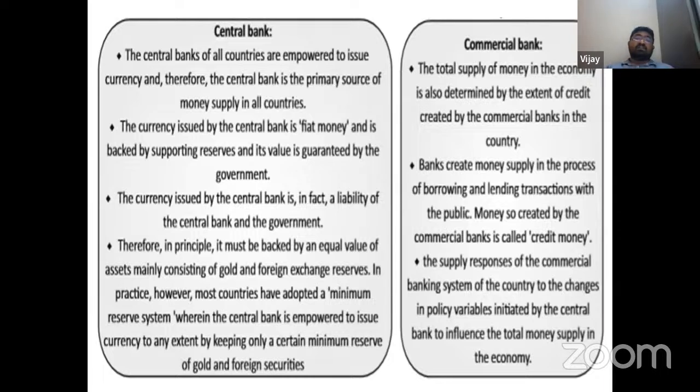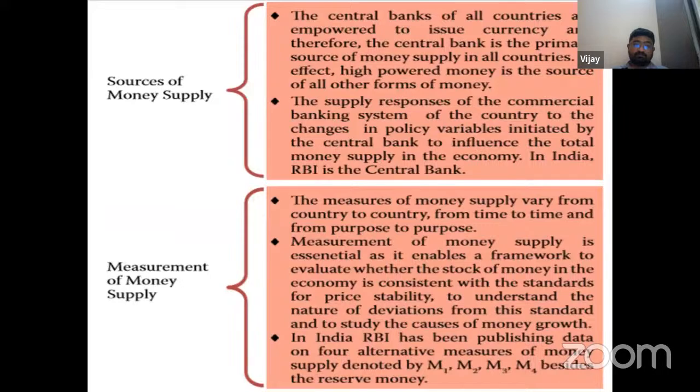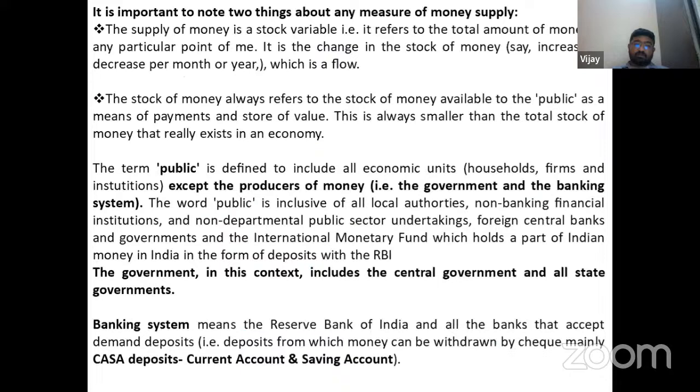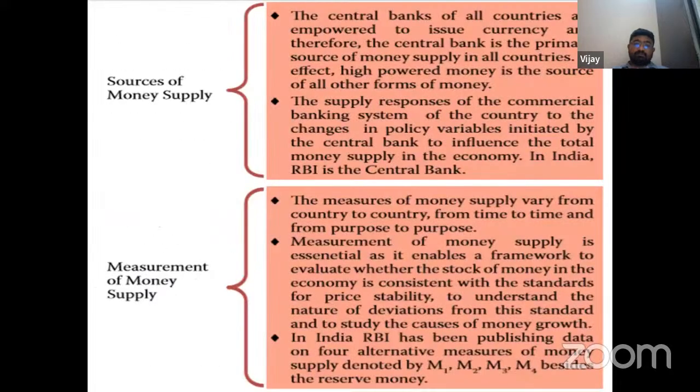This printing of currency notes is what we call fiat money. And the commercial banks, in addition to that, will create money, which is called credit money. So money is created by both the central bank as well as the commercial banks.